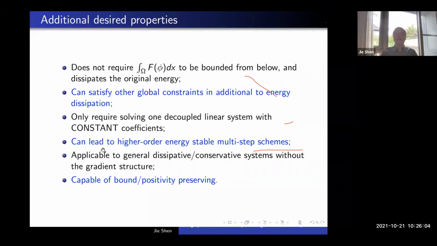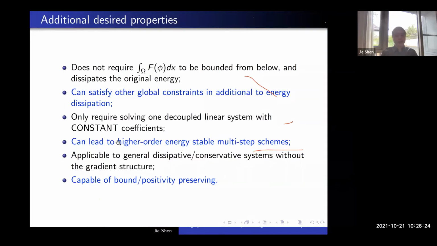And for the original SAV, we can only prove that the second order scheme is energy stable. But for higher order multistep schemes, we cannot prove they are unconditionally energy stable.